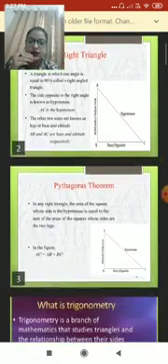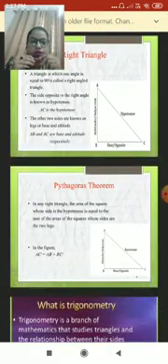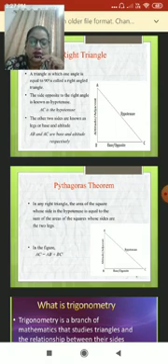After this, let us talk about Pythagoras Theorem. Both these topics are a recapitulation of Standard 9. We have already studied right angle triangles and Pythagoras Theorem in Standard 9, so you all know what Pythagoras Theorem is. When you look at a right angle triangle, there are three sides named hypotenuse, base and altitude.